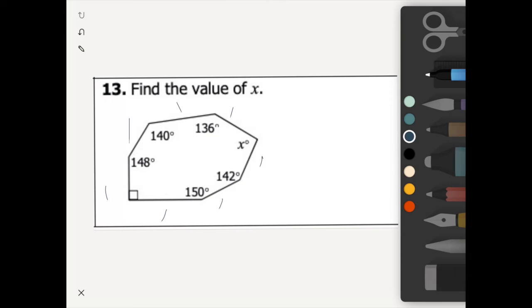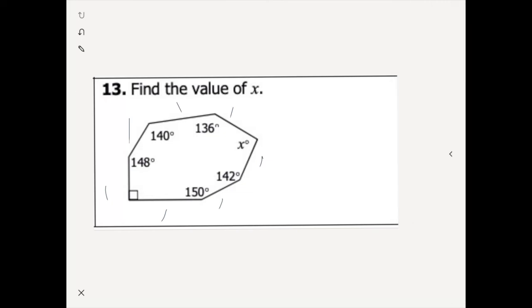So we're going to do 140 plus 136 plus x plus 142 plus 150 plus, this is a 90-degree angle, so plus 90 plus 148 is all going to be equal to 900. So if you look at your chart, you're going to see that for a 7-sided figure, the sum of the interior angles is 900.